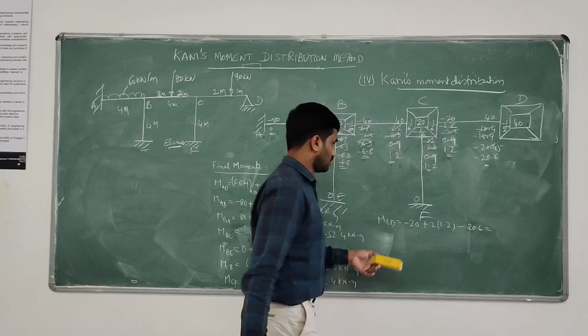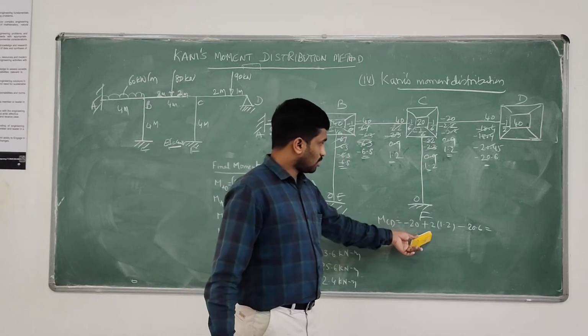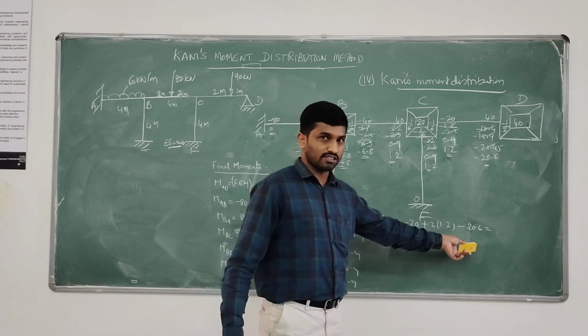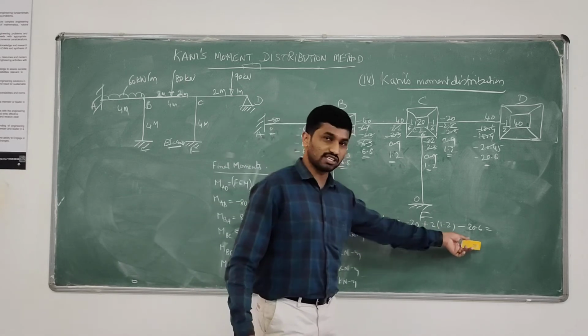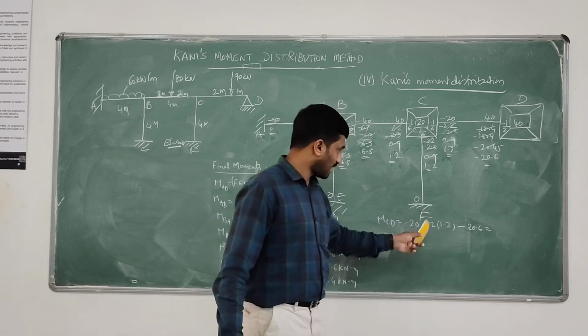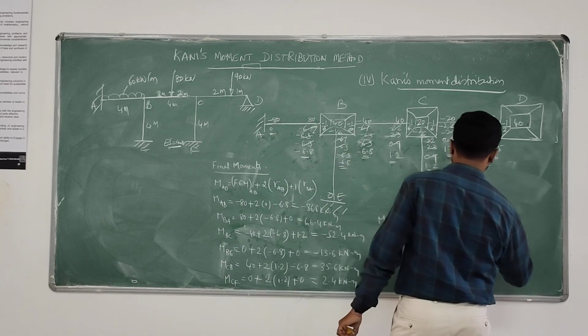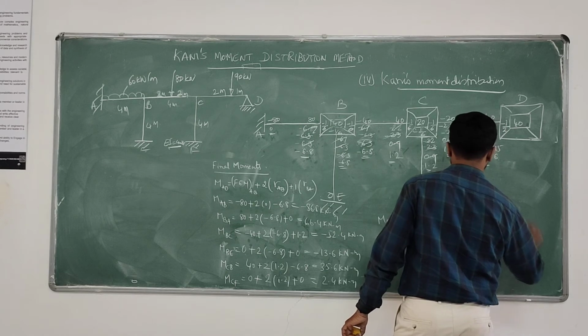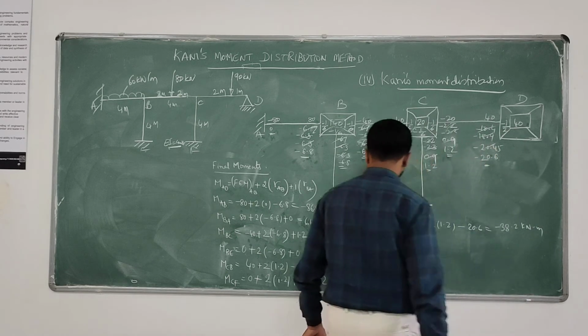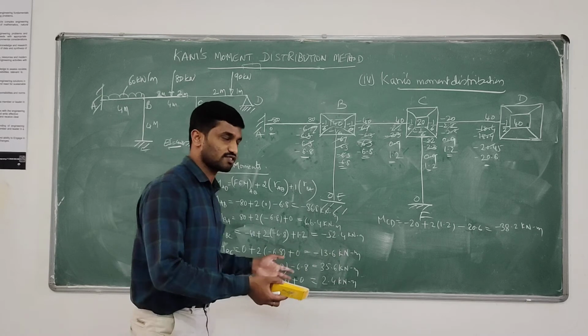How much? That is minus 20 minus 20.6. It will become minus 40.6. Minus 40.6 plus 2.4 is minus 38.2. Yes. Now you can check the joint equilibrium condition whether it is satisfying or not.